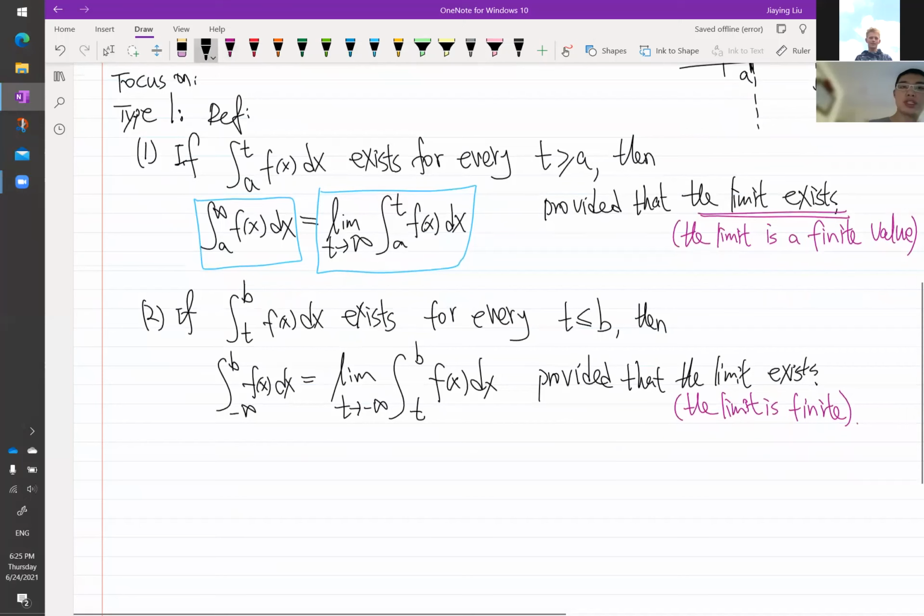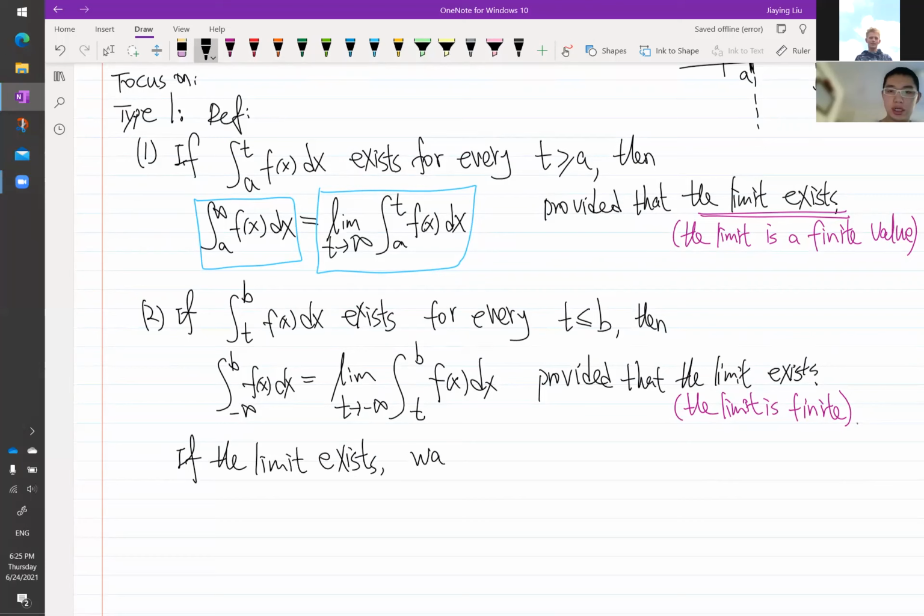I'm going to write down 2 more sentences, then we should be good. So if the limit exists, we say the improper integral is convergent.